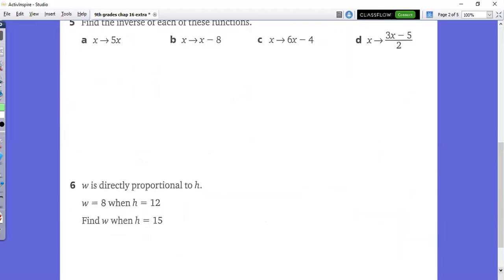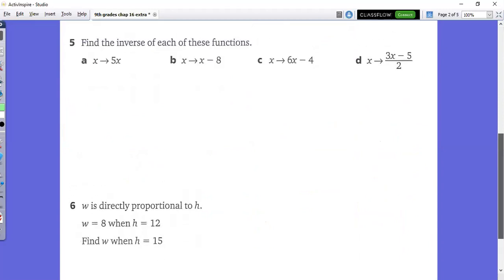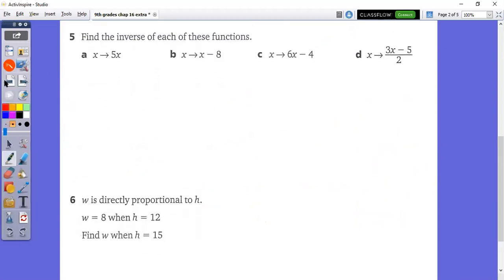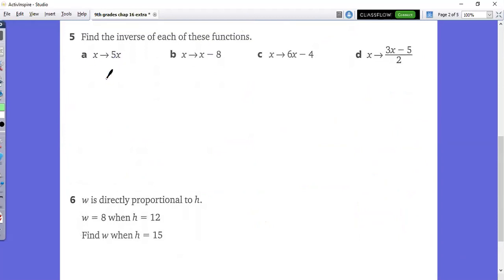Okay, question 5. Find the inverse of each of these functions. X maps to 5x. So 5 is multiplied by x. Multiply x by 5. So in the inverse function, x will be divided by 5.